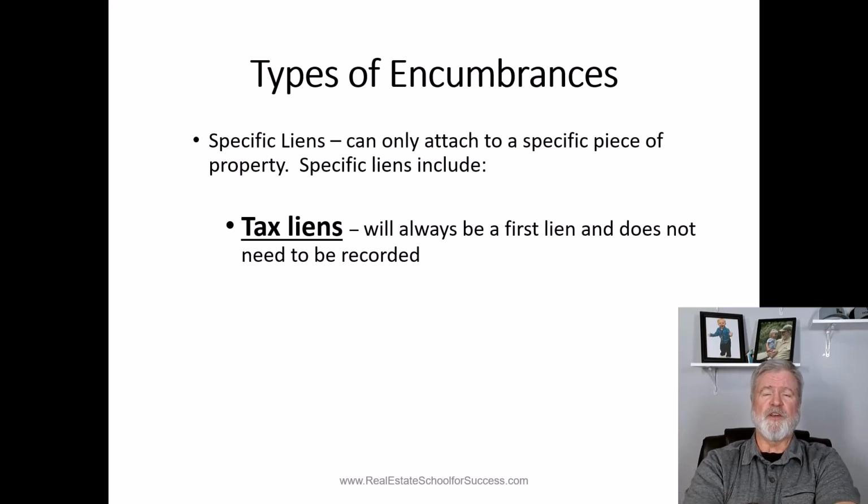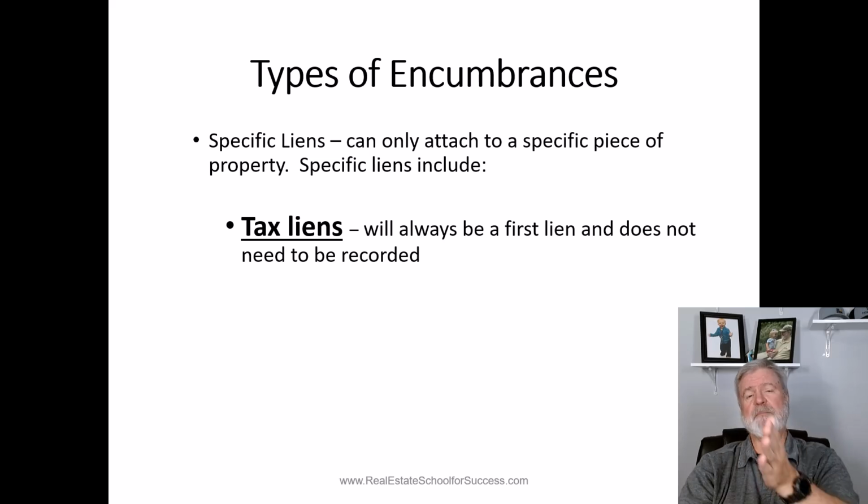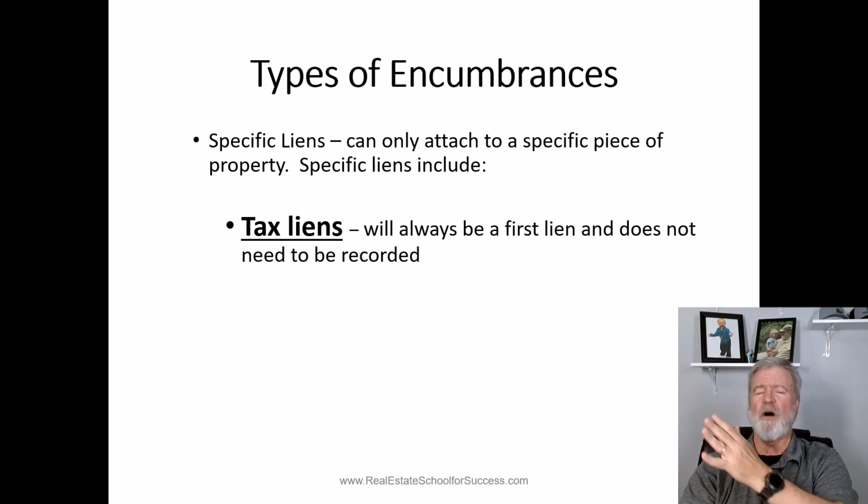But what if there's not enough money from the sale to pay off all the liens? Maybe we can't pay the mortgage lien and a tax lien, and maybe there's a mechanics lien, which we haven't talked about yet, but we're getting ready to. But we're short. There just wasn't enough money.